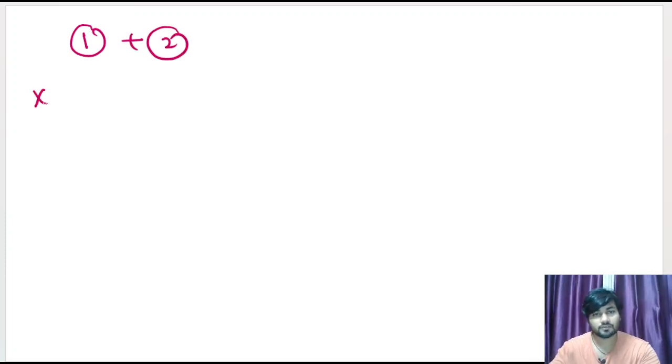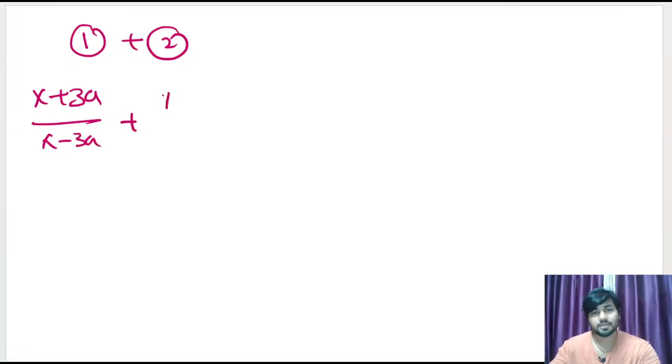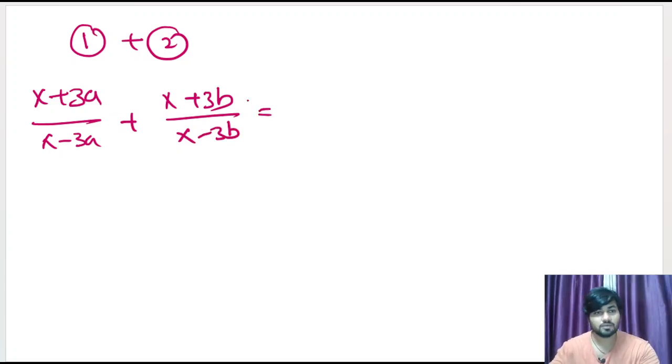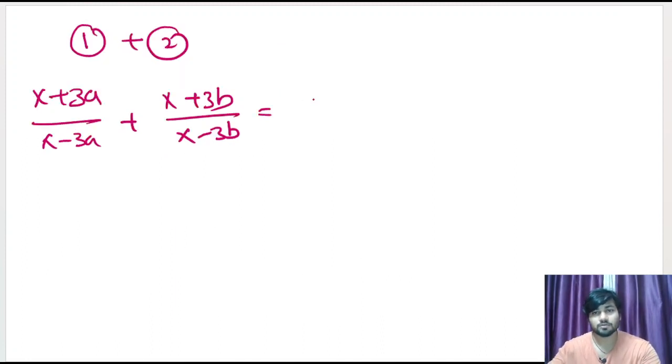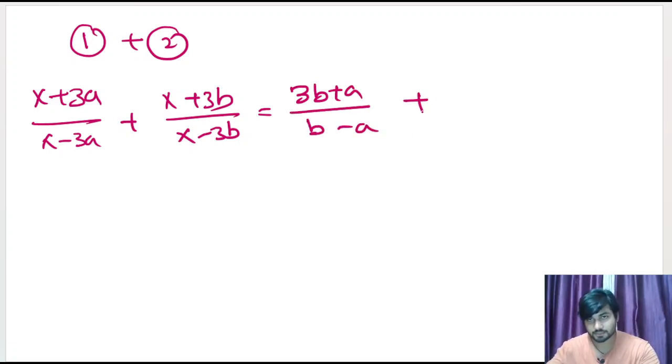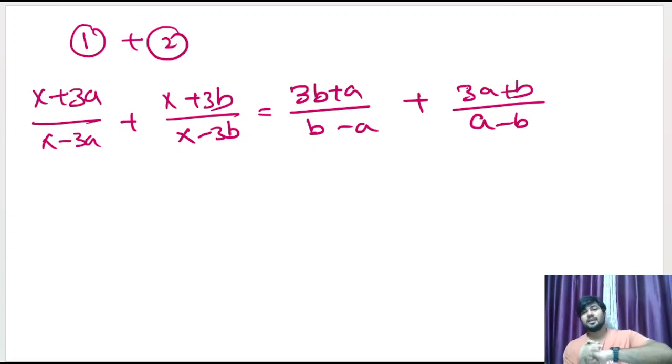I'll have x plus 3a upon x minus 3a plus x plus 3b upon x minus 3b, which will give me 3b plus a upon b minus a plus 3a plus b upon a minus b. See, I have b minus a and a minus b.